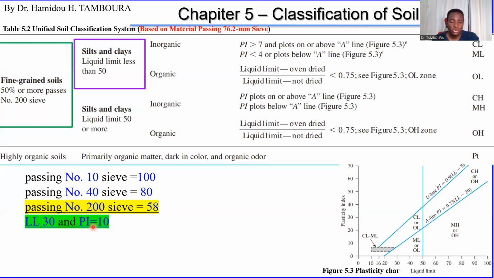If we try to plot this with the coordinates 30 and 10, 30 for liquid limit here and 10 as plasticity index, I think the plot will be here, which is above the line A. This is the line A. So it means we are exactly in this case. We are dealing with the group symbol CL, which is clay with low plasticity.